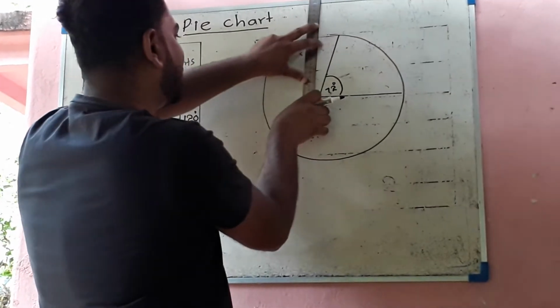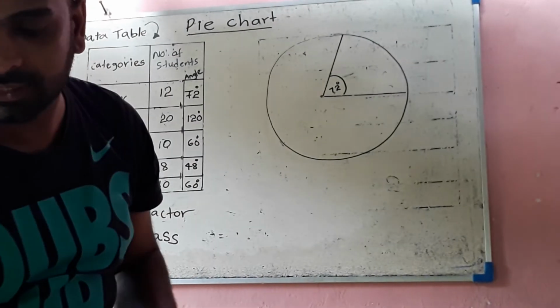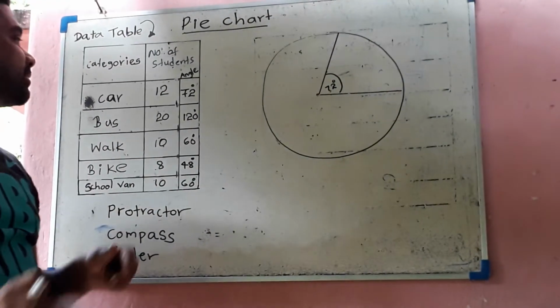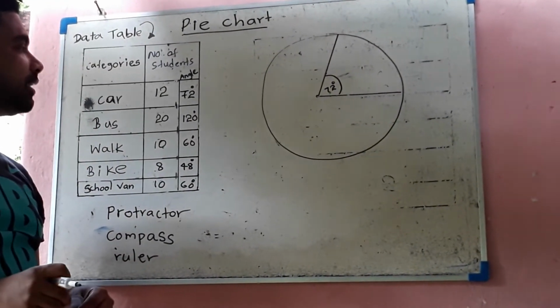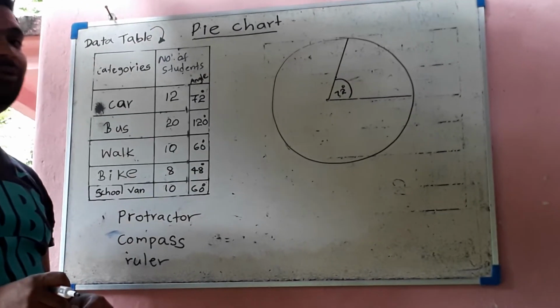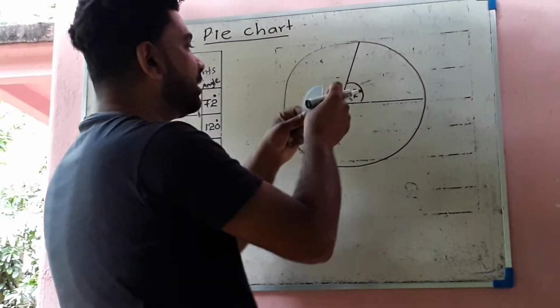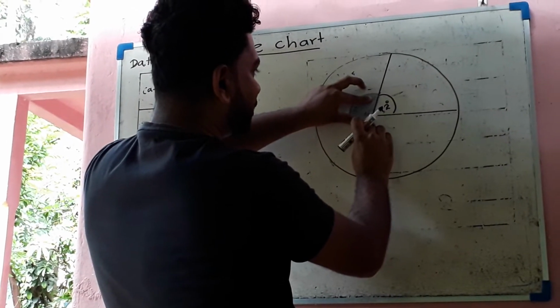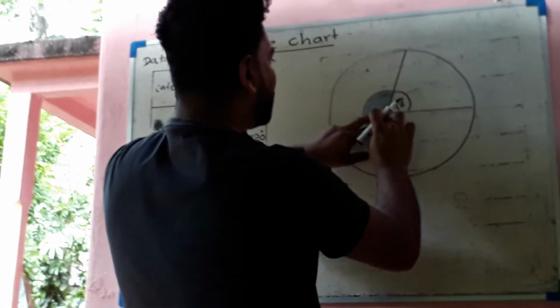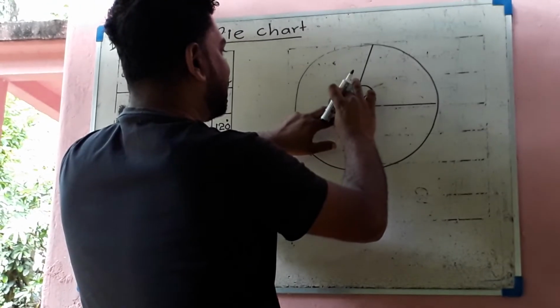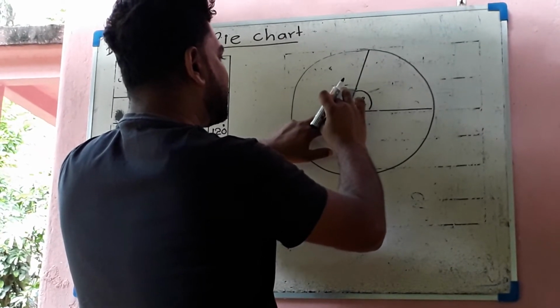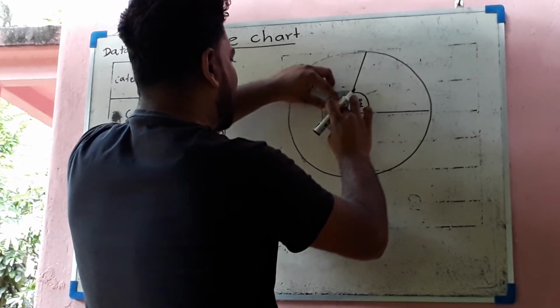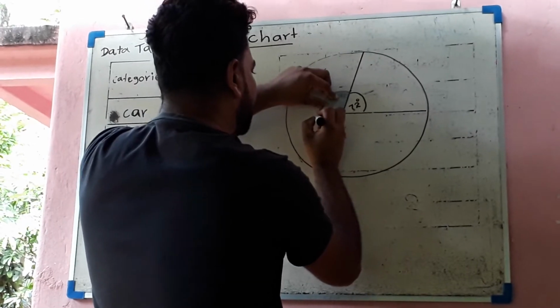Now for the students who use bus, you need to draw a 120-degree angle. Keep this point on this line. This line needs to be like this. Now count: 10, 20, 30, 40, 50, 60, 70, 80, 90, 100, 110, 120.